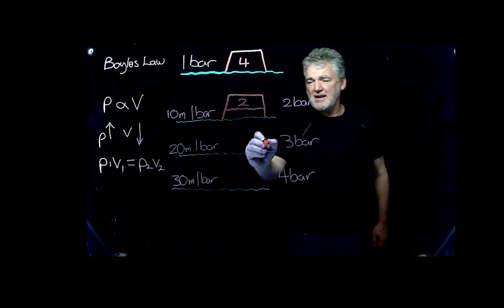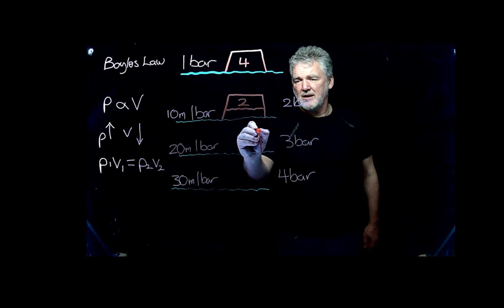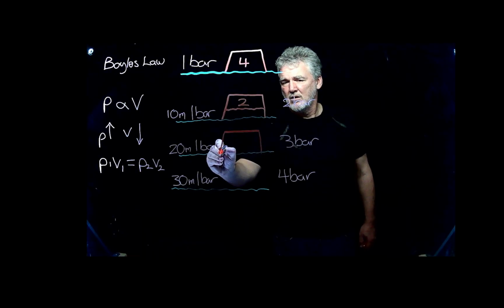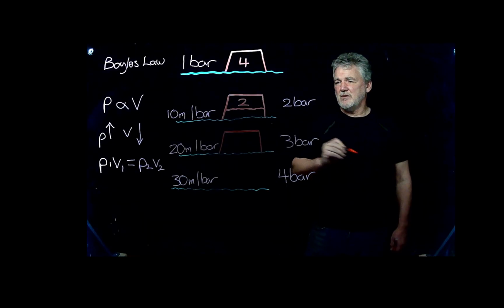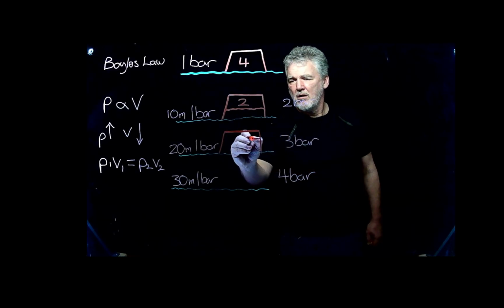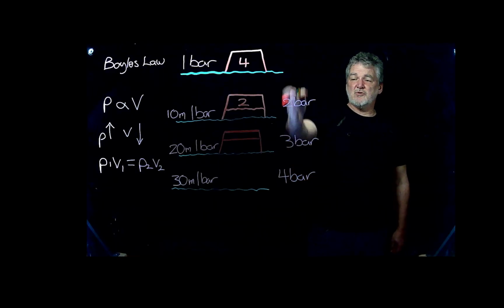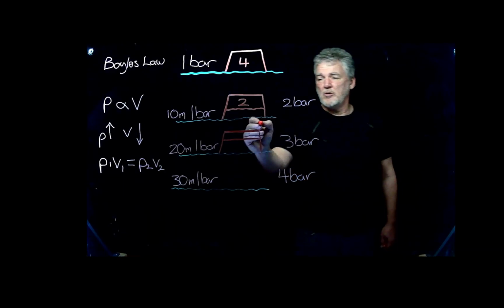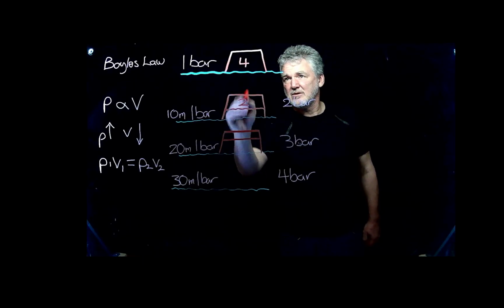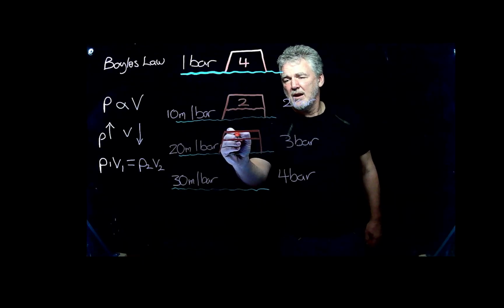If we take that same bucket down to 20 meters, we're now only going to have a third. So the pressure is tripled, so the volume will now be a third of that. So instead of having 4, we'll have 1/3 of that, which is approximately 1.3.